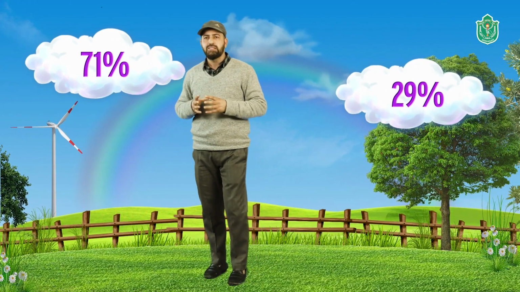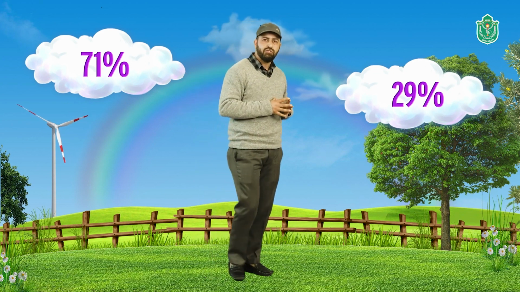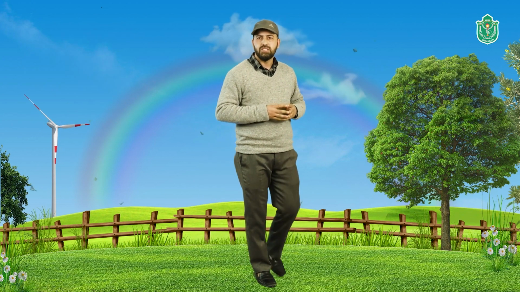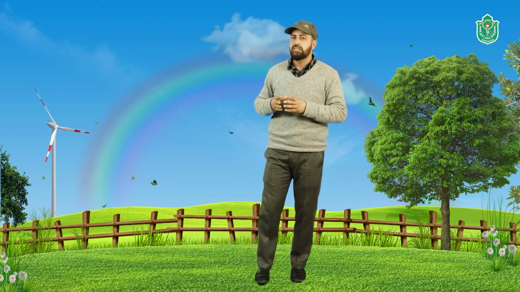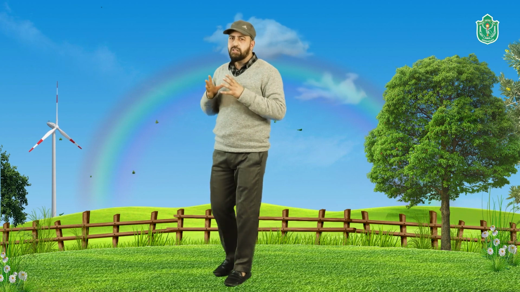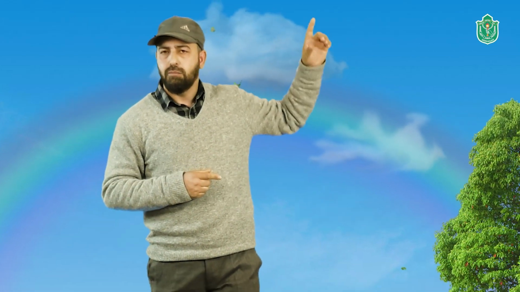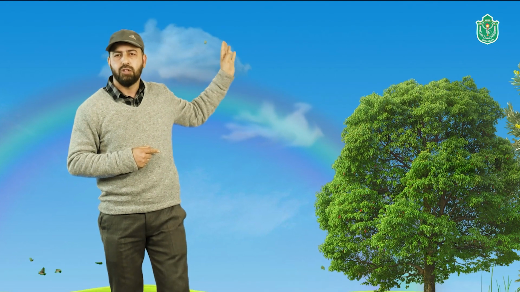So children, we can say that in the lithosphere, 71% is made up of water bodies, and continents or land portion make 29% of the lithosphere. Now let us know the importance of the lithosphere.